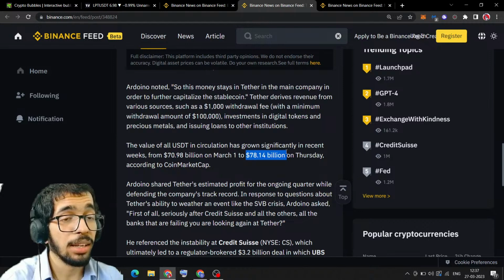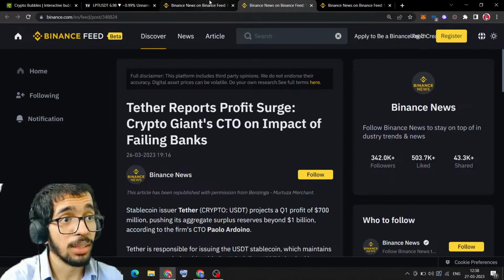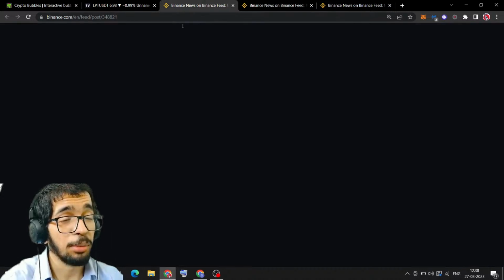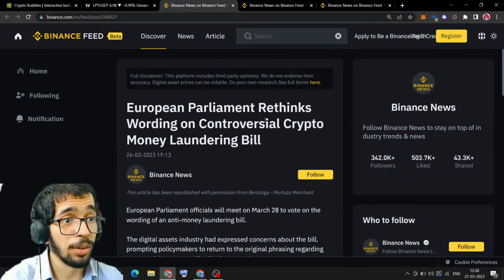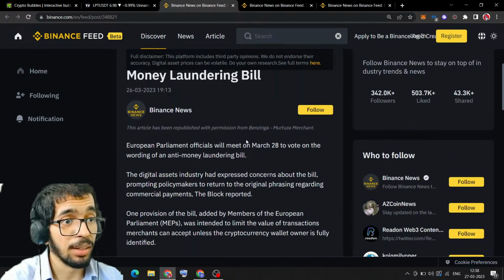So 8 billion has increased. From last week it was around 70 billion and now it's around 78 billion. Okay, so that's for the USDT thing. They're making around 700 million this first quarter in profit, the highest they've been making.